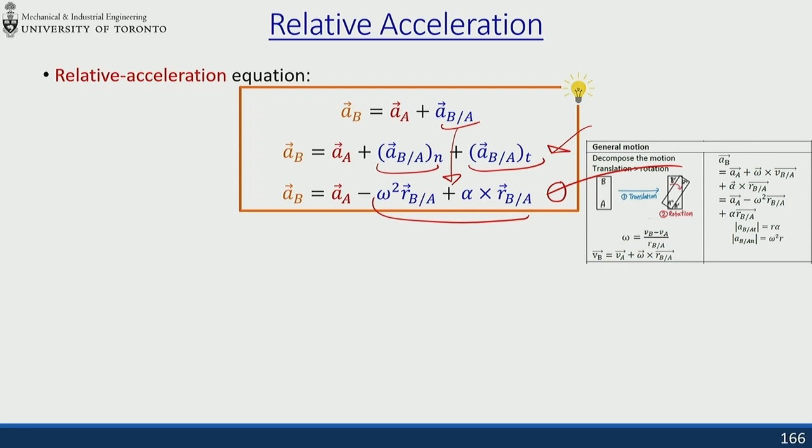Depending on which script sheet you're using, if you're using the one from the Kirkus, at least in the tutorial page, there is a typo here, or sorry, that one is correct, but there's a typo here that alpha is missing the cross product after it. Again, omega square RB relative to A, no cross product. Alpha RB relative to A, yes, cross product. So remember to put that in if you're using the vector approach. Questions?